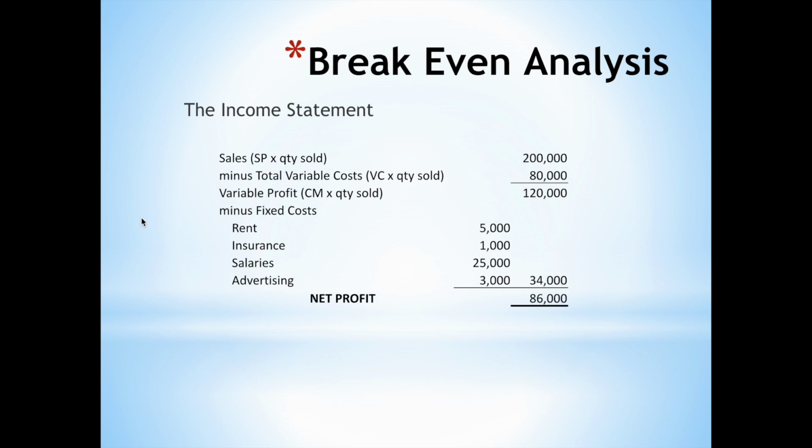Think about it like this: you have a shop, and you multiply the selling price by the quantity you sold. So let's say I sell an apple for $1, and I sold 20 apples. I have $20 in total.